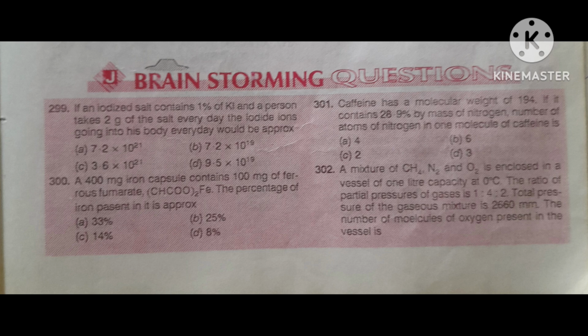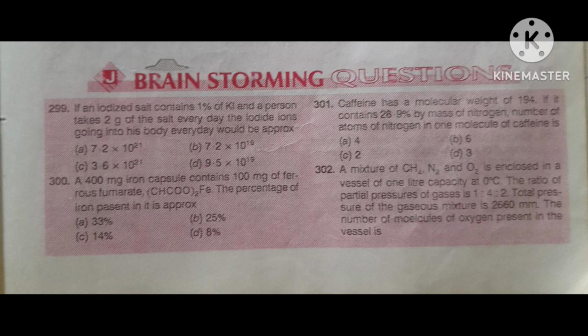Now it is in moles, so we convert it into the number of ions. You know that 1 mole means Avogadro number. 1 mole of ions means Avogadro number of ions.